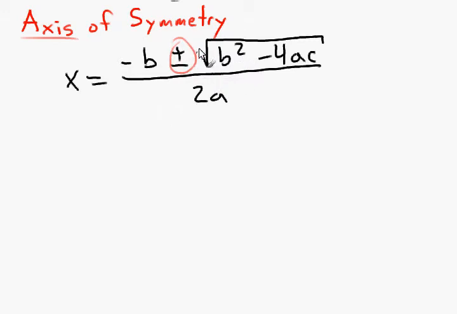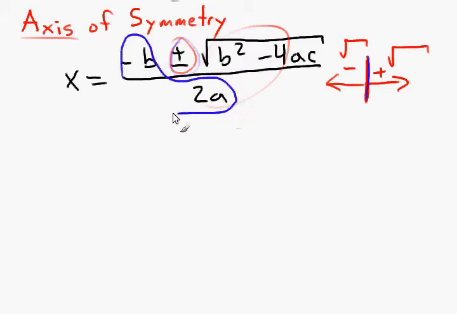That means this bit is to the plus, so I've got a line here. I'm going this far with the square root of the discriminant when I add, and then I'm going to the left the square root of the discriminant when I subtract. And in the middle right here is the value that I'm looking for, the axis of symmetry. Right between this.